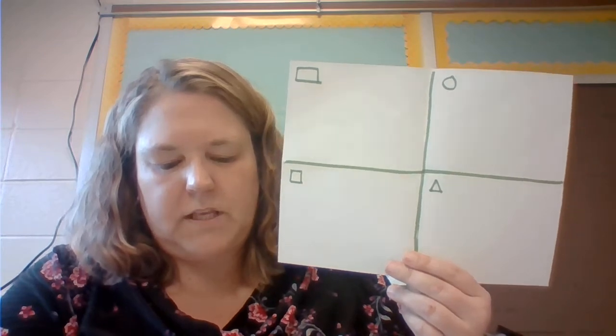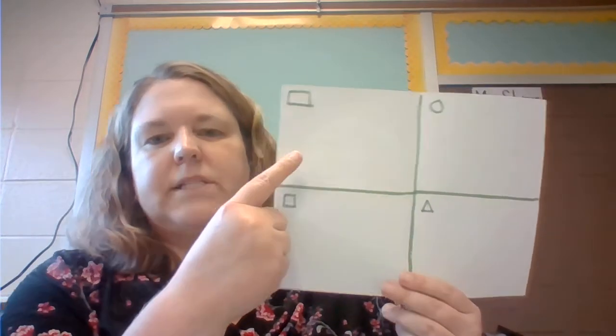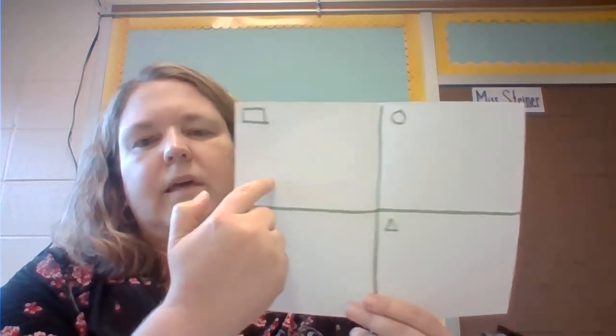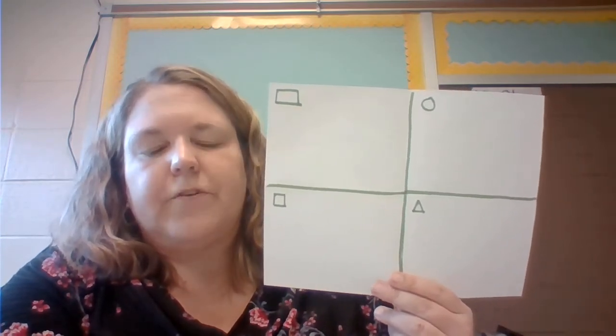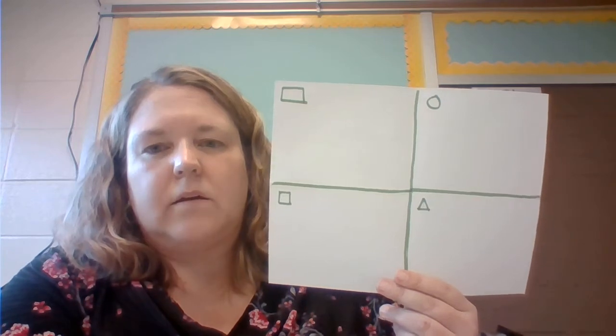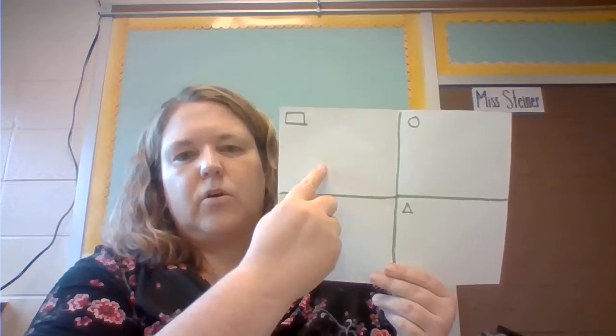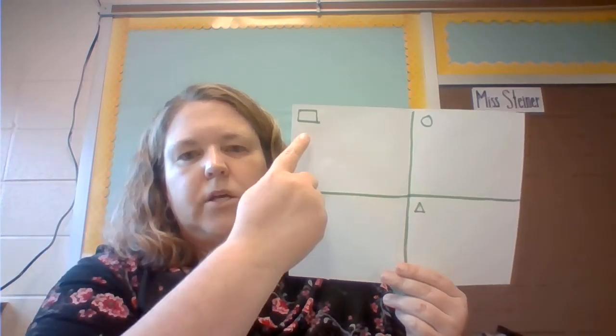So the first thing that we're going to do is I'm going to say a letter, and I want you to write that letter in this rectangle box. So the first letter is Y. So as you write the letter Y, I want you to say it.